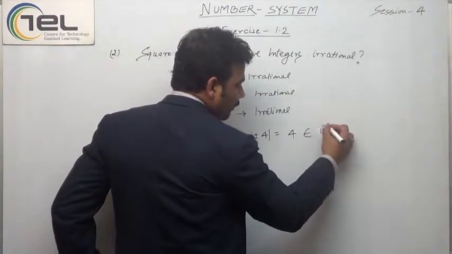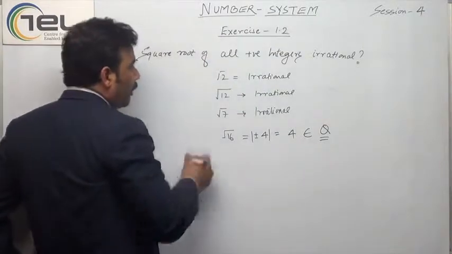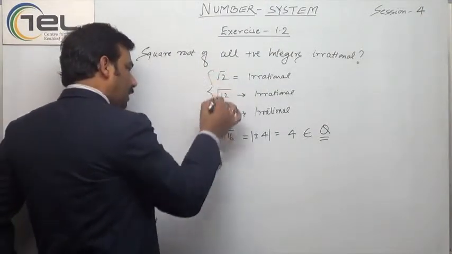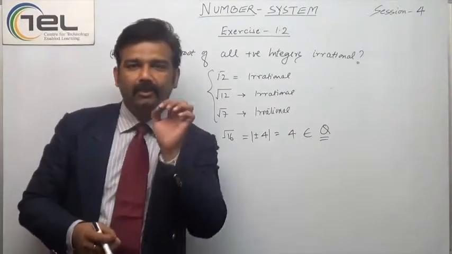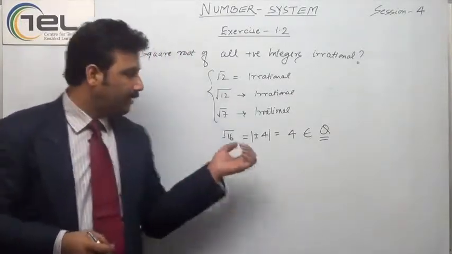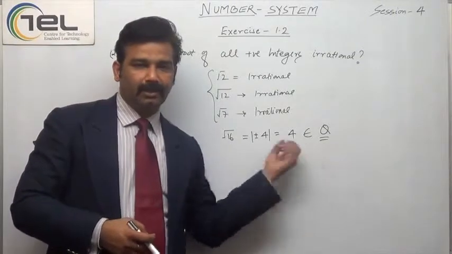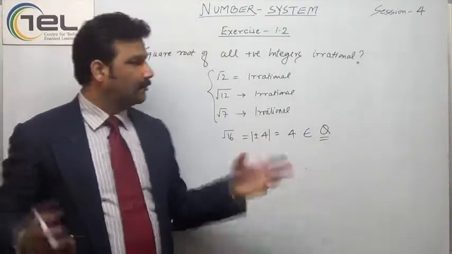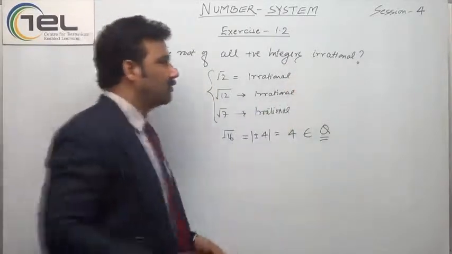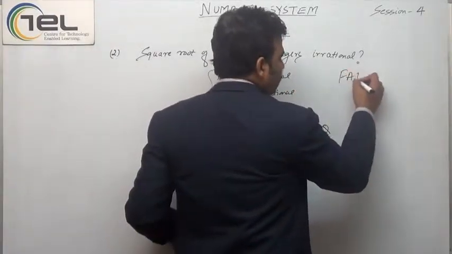No, it is a rational number. Let's say I give n number of examples which satisfy this, and I give only a single example which contradicts this statement. With that contradiction, this statement becomes false.